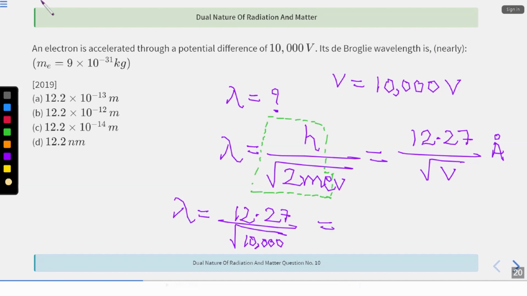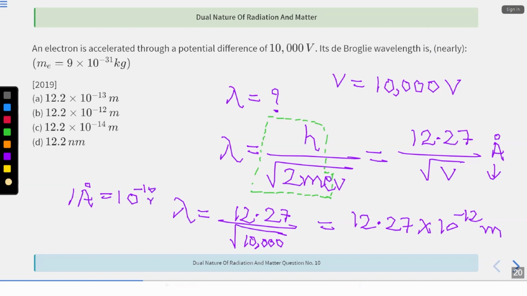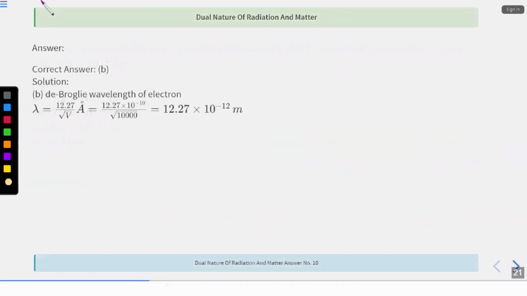And with this, I'll get my lambda to be 12.27 into 10 to the power of minus 2 angstrom, but since we need to find it in meter, and we know that 1 angstrom is equal to 10 to the power minus 10 meter, we'll be substituting it, and with this, we'll get option B to be the right answer.